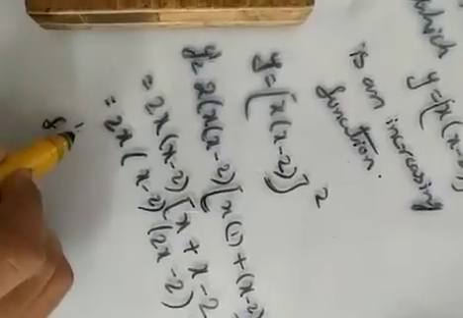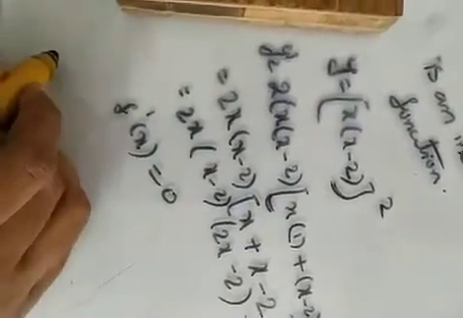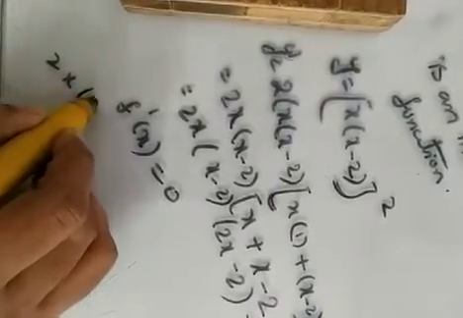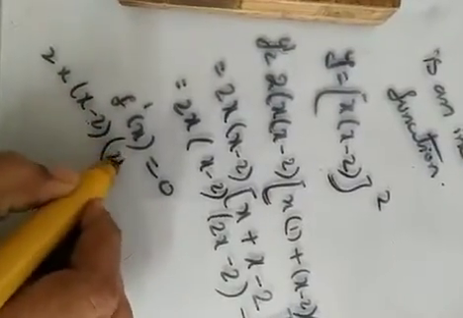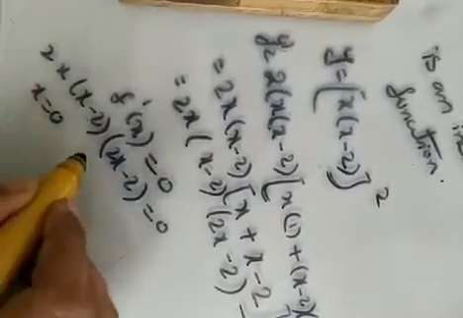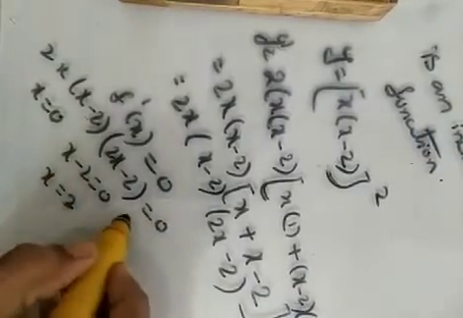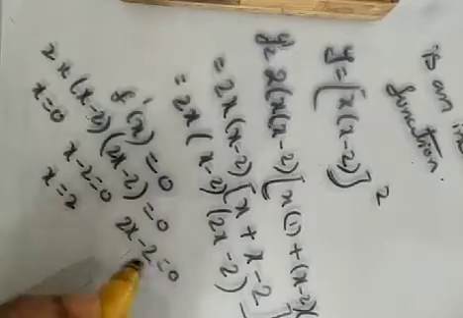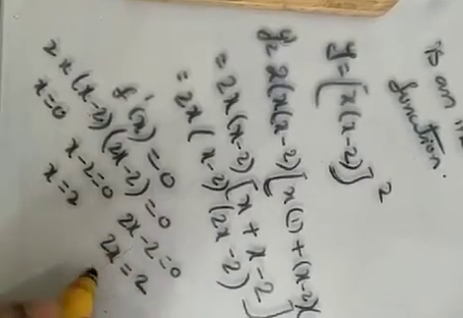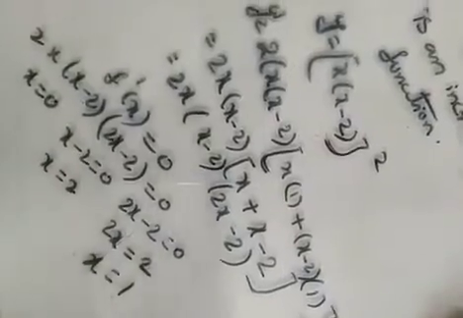If you simplify this, f dash of x is equal to 0, you will get that 2x into x minus 2 into 2x minus 2 is equal to 0. You will get x is equal to 0, x minus 2 is equal to 0 means x is equal to 2, 2x minus 2 equals 0 means 2x is equal to 2, x is equal to 1. So you got the three roots 0, 2 and 1.